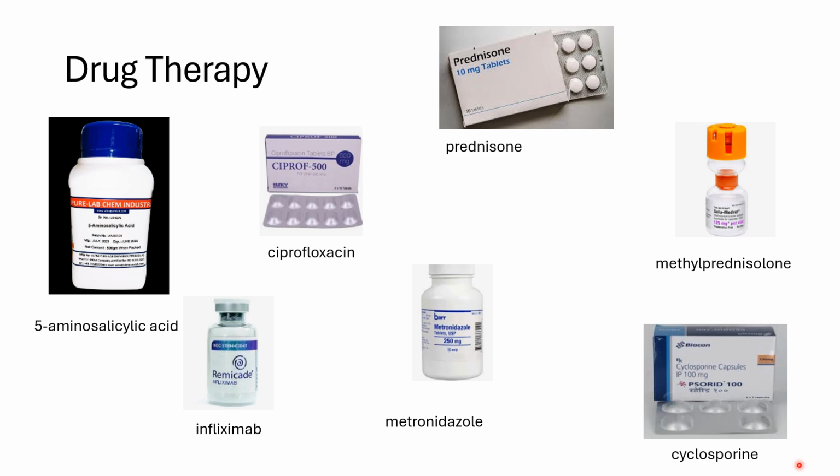Vedolizumab is another medication that we can give to the patient. This prevents the T cells from binding to the mucosa, and preventing the T cells is just like preventing more inflammation from happening in the tissue of the patient. Cyclosporine also is another medication that could be a good choice for a patient who has ulcerative colitis.